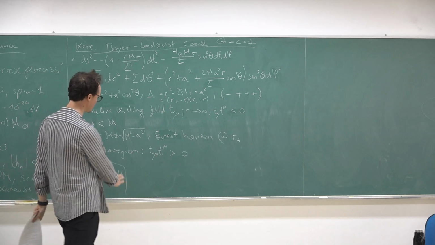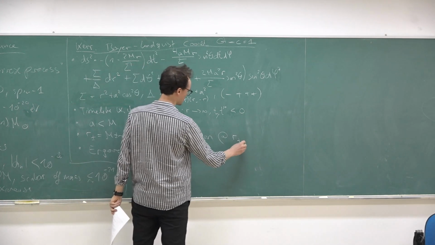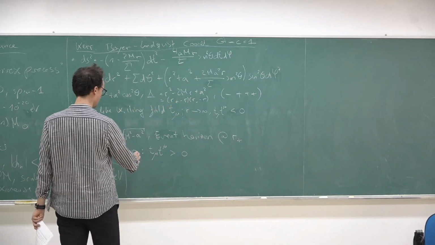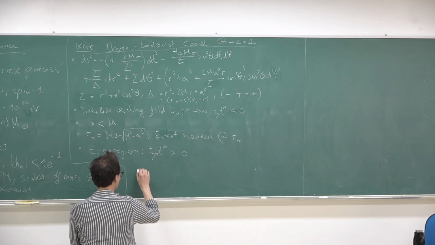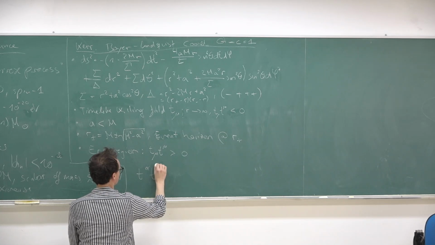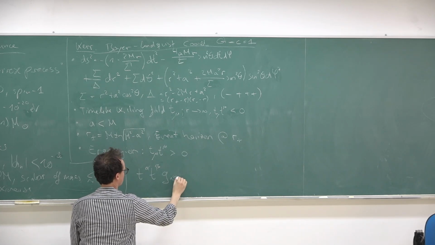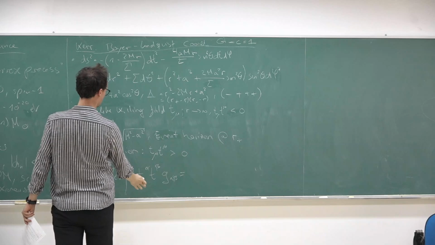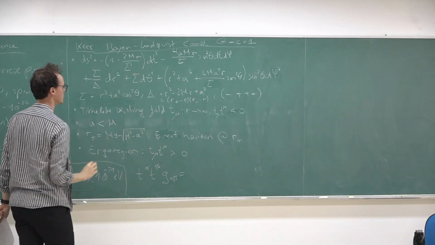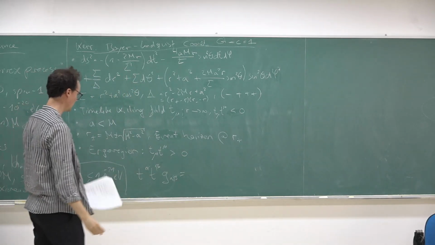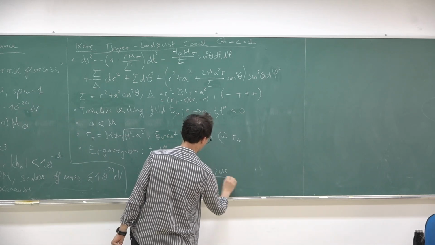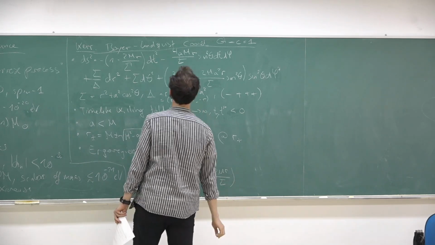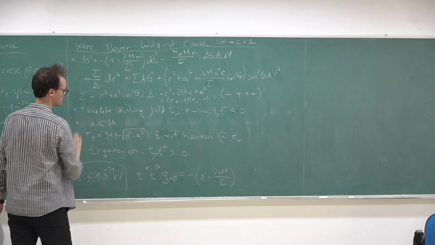The way to see that the ergo region sits outside of this r plus is by plugging this in. This is just the time component of the metric, which is minus 1 minus 2Mr over sigma, which is just this term here.